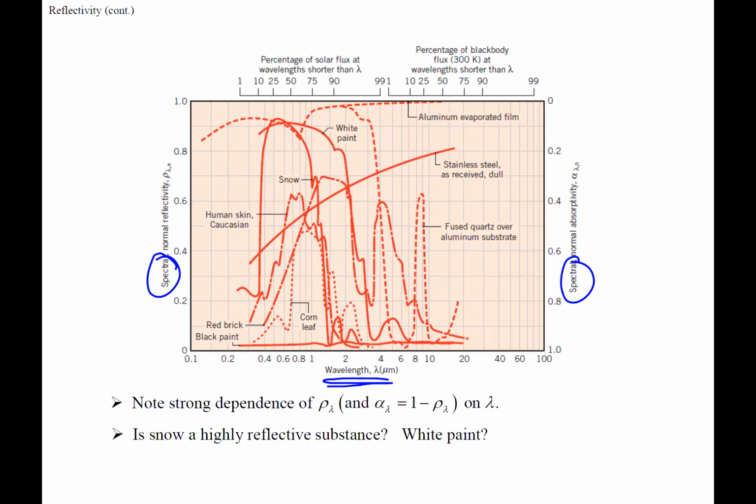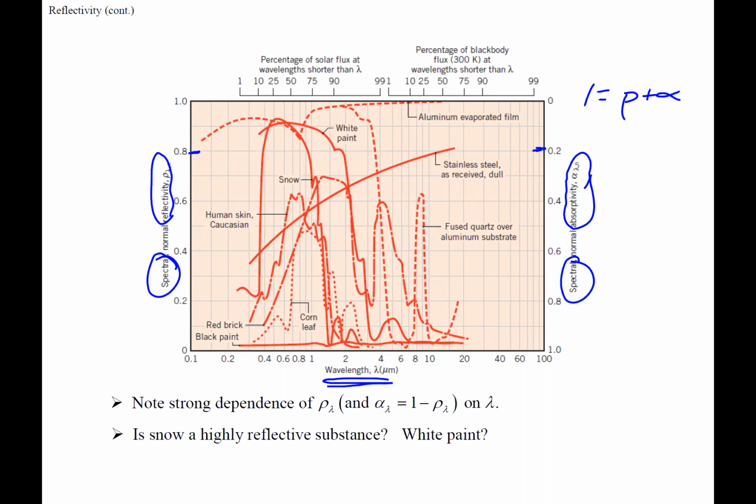This is for opaque surfaces, so nothing's getting transmitted. That means if you're at 0.8 here, you're at 0.2 here, because we're basically relating those two together. The total of what's coming in is either getting reflected or absorbed.